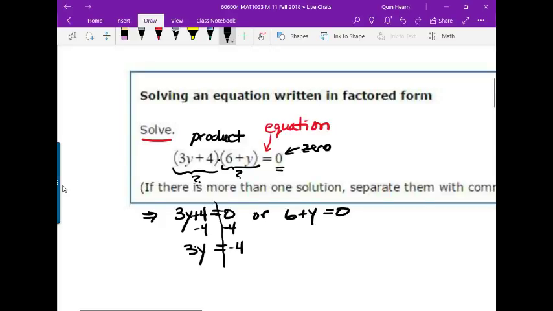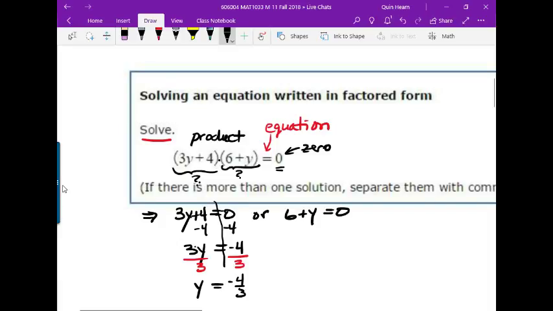That's the operation that's going on here. So to reverse that operation, we need to divide by 3 to get y completely by itself. But whatever we do to one side of the equation, we must do to the other. And so we would have y, or 1y, but you don't have to write the 1, equals negative 4/3.